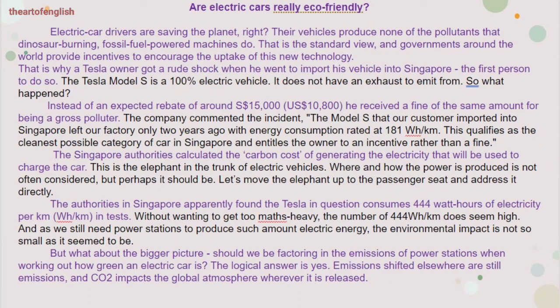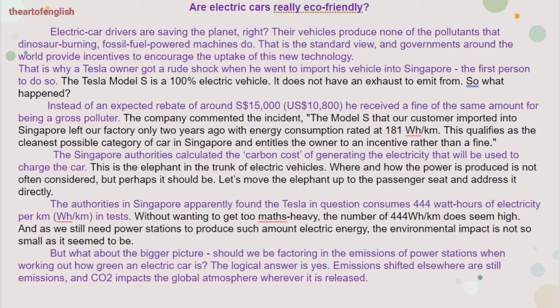So let's see here. For example, in the first paragraph, I have highlighted the important ideas. If electric car drivers are saving the planet, right? Their vehicles produce none of the pollutants that dinosaur fossil-fuel-burning machines do.